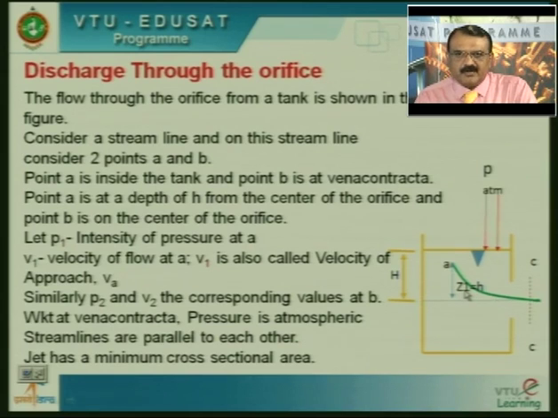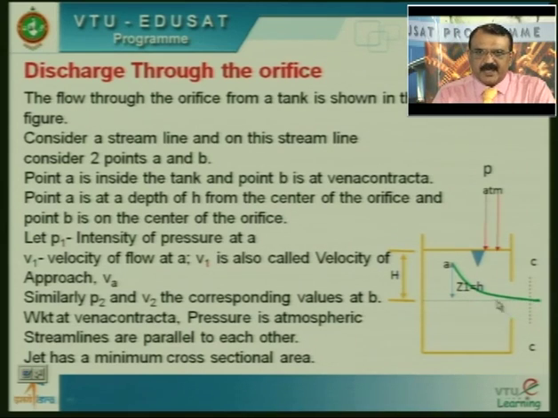Therefore, here my Z1 is equal to h, and here my Z2 is equal to 0. Again I repeat, point A is at a depth of h from the center of the orifice, and point B is exactly on the center of the orifice. Again, my Z1 is equal to h and Z2 is equal to 0.